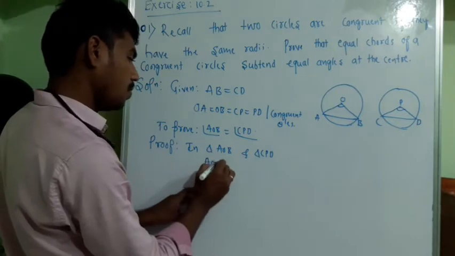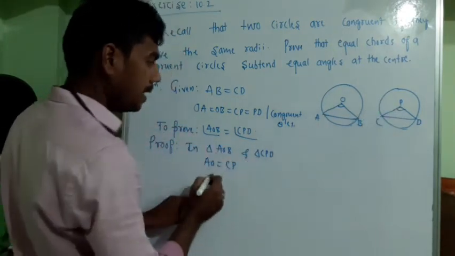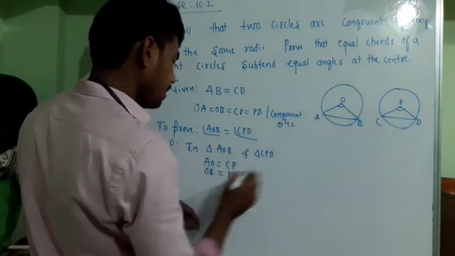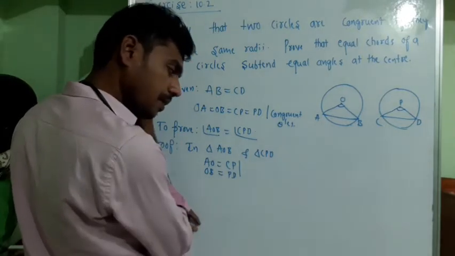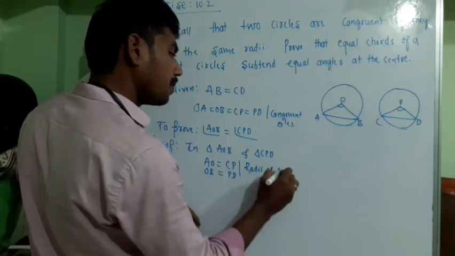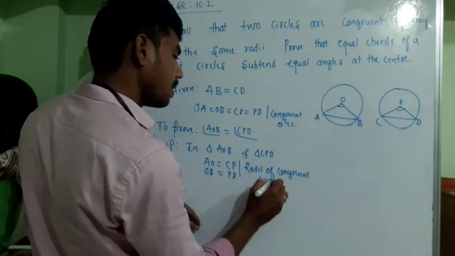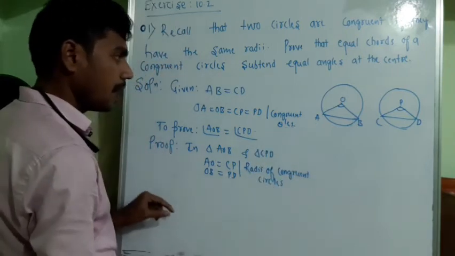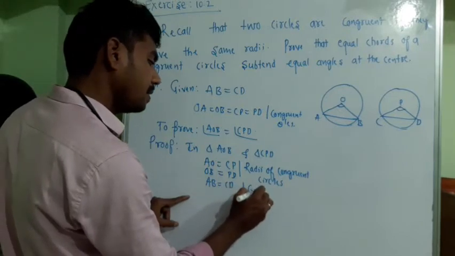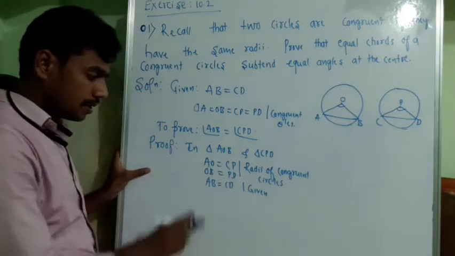AO is equal to CP and OB is equal to PD, because they are radii of congruent circles. And AB is equal to CD. Why? It is given.